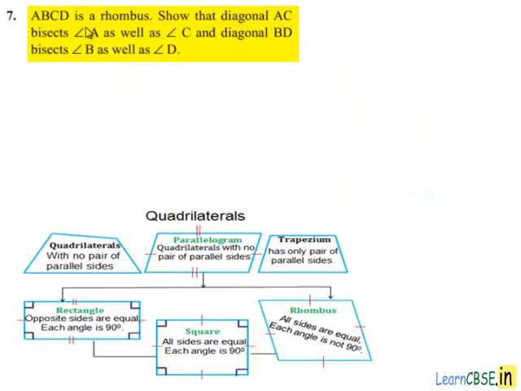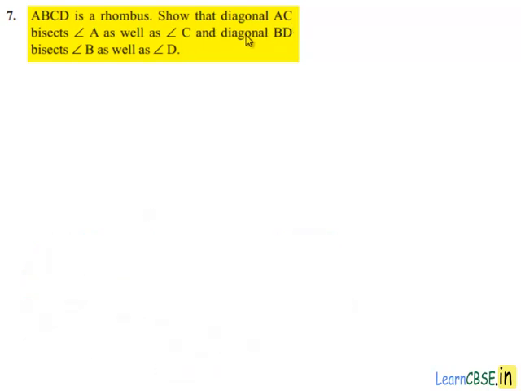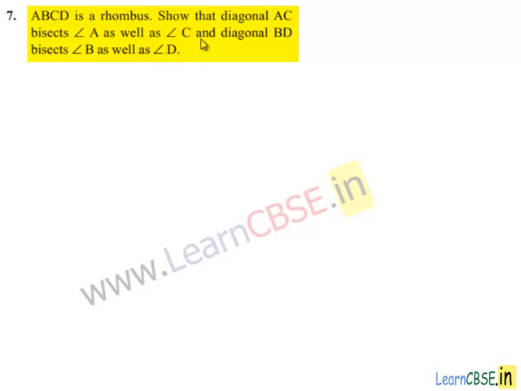Moving on to the seventh question. ABCD is a rhombus. Show that diagonal AC bisects angle A as well as angle C, and diagonal BD bisects angle B as well as angle D. Now moving on to the solution. It is given that ABCD is a rhombus.